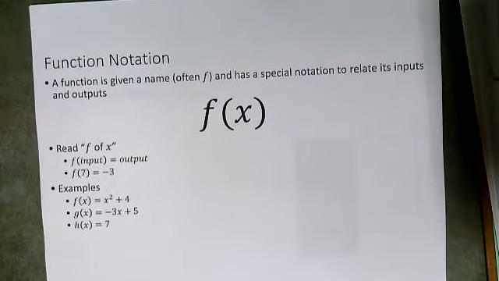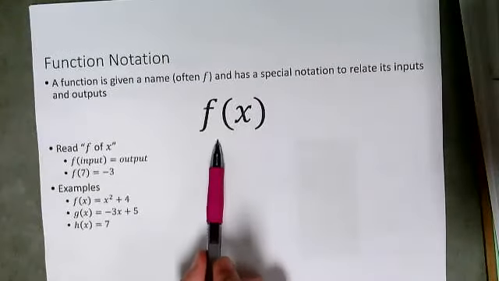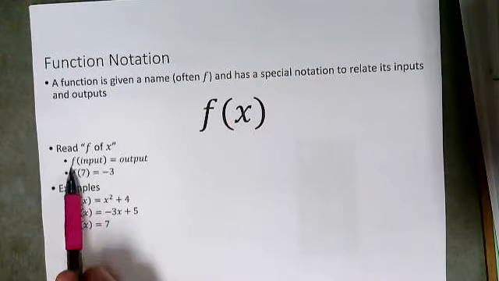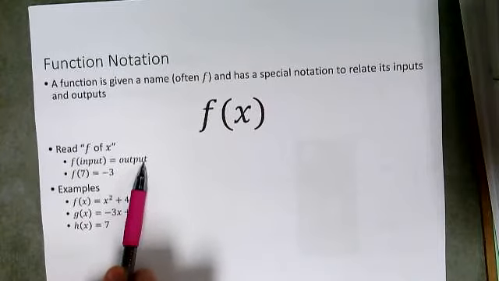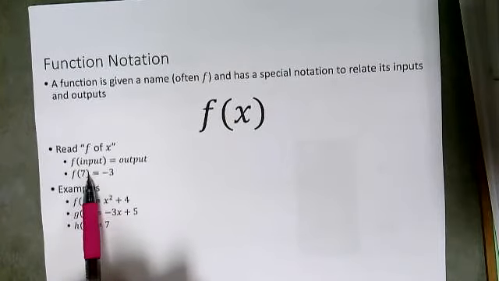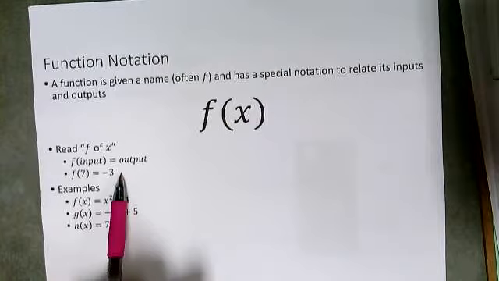So for function notation, let's start with that. The function is given a name, often f. You can give it f, g, h, k, j, fred, a whole bunch of different things. Most common one is f. So with special notation, it relates to inputs and outputs. This is read f of x. F of your input value equals your output value. So we would say f of 7, in this case, is equal to -3.